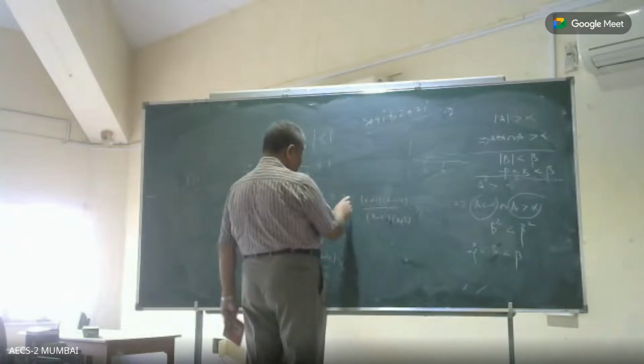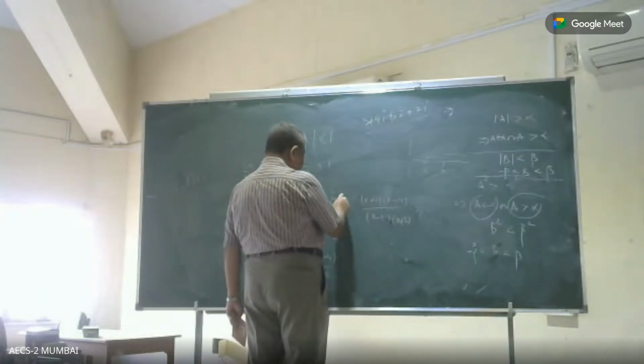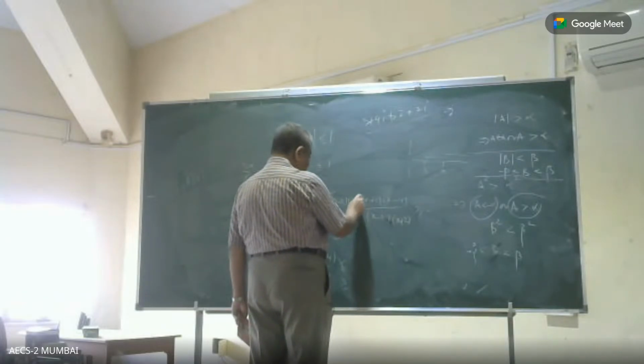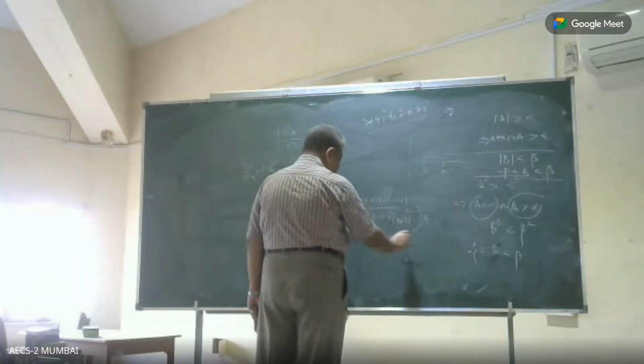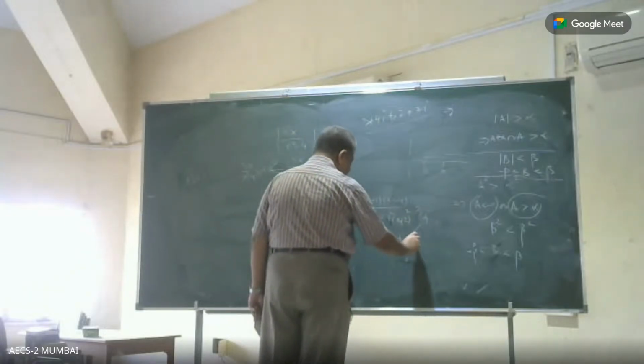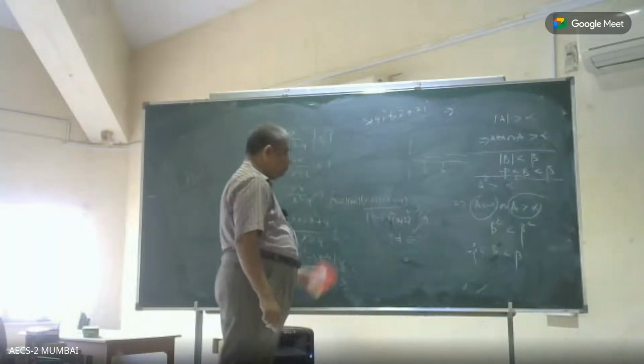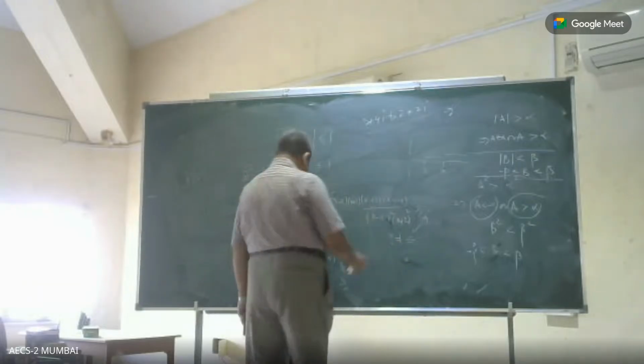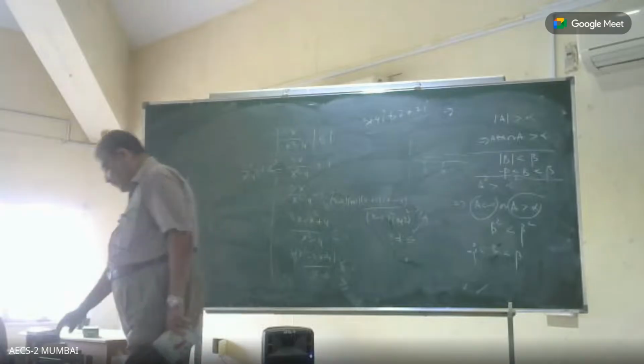Now line up the factors, that means multiply by x minus 2, x plus 2 up and down. This square you transfer it there and say x should not be equal to plus minus 2. Correct? Now you make this real axis.